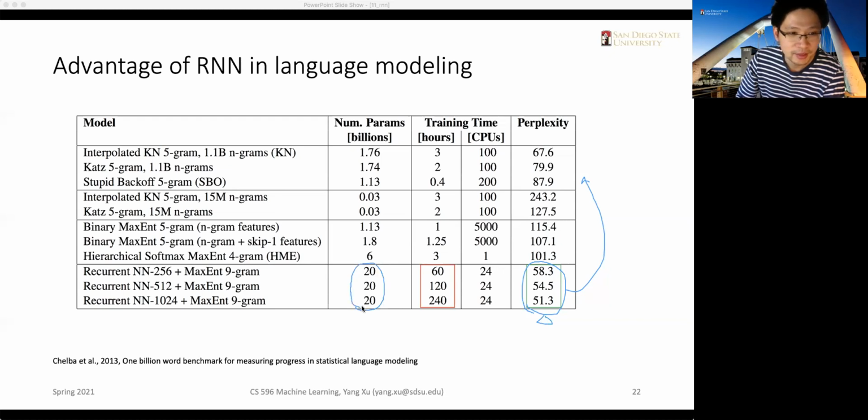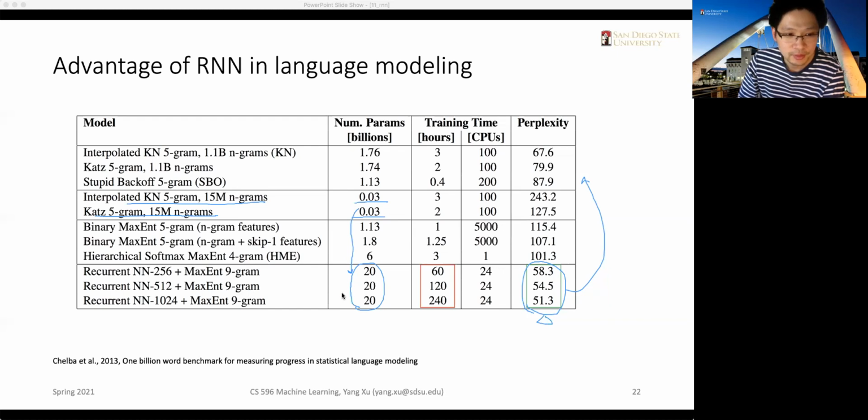The disadvantage is the number of parameters. You can see it's way higher than these n-gram language models. Particularly for the simplest n-gram language models, the number of parameters is very few compared to the neural network model.